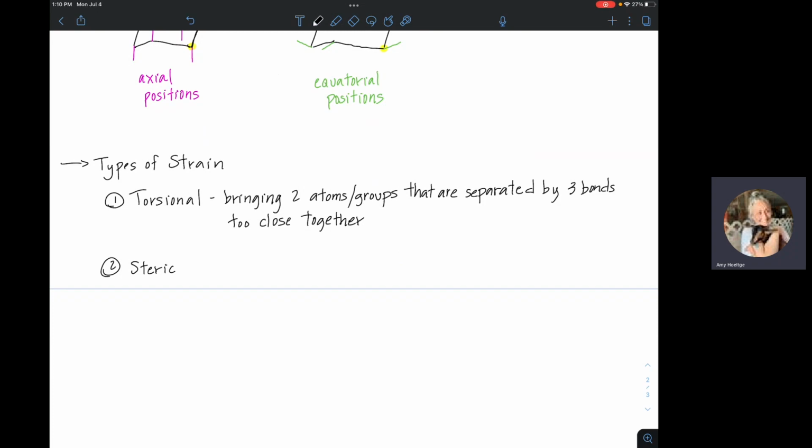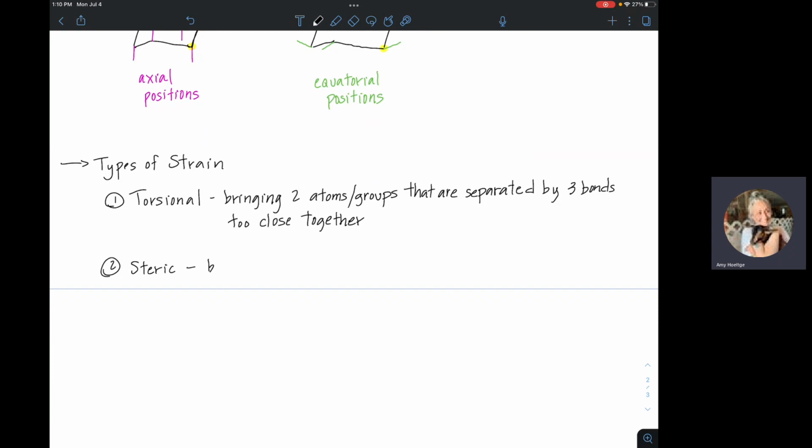And in that case, we're talking about either the 2 nuclei, if they're just hydrogens, or the 2 nuclei associated with whatever's going on in the center of that other group, plus all their bonding domains. So if I've got groups or atoms that are separated by 4 or more bonds, and when bringing those a little too close together, we have what's called steric strain. So we're clogging up the works, basically.